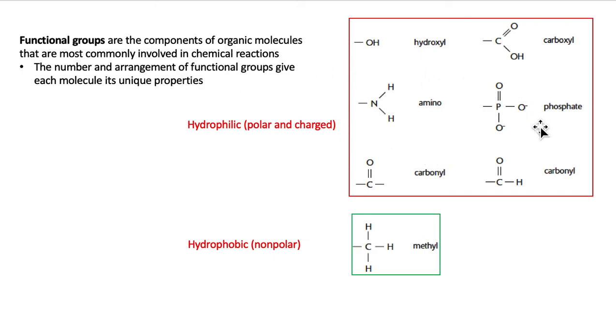Here, I have illustrated 7 major types of functional groups that you can see in organic molecules. The functional groups captured in red rectangle are classified as hydrophilic, being polar or charged. Thus, they can easily interact with water. Only methyl group shown in green rectangle has a hydrophobic property, making the molecule less dissolvable in water.